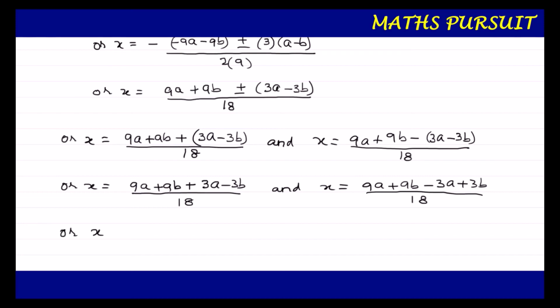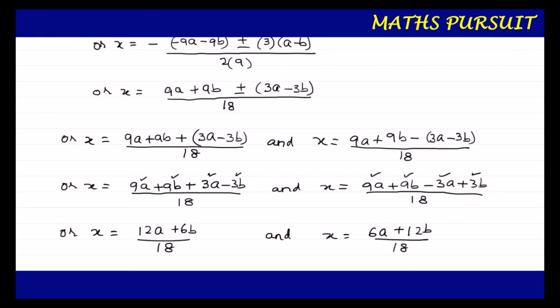Or I can write x is equal to, here it is 9a and 3a, which becomes 12a, then 9b minus 3b is 6b, upon 18. And here we will get x is equal to 9a minus 3a, which comes to 6a, plus 9b plus 3b, which comes to 12b, upon 18. This is what we got now.